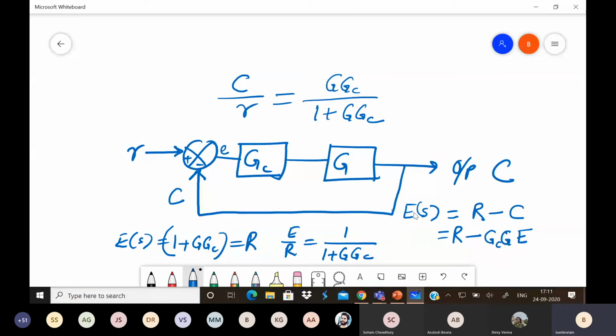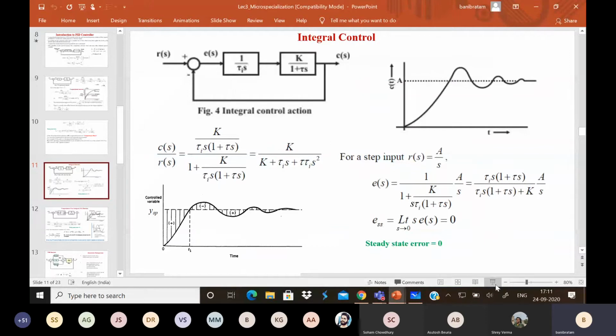Basically E equals simply R minus C, where C is nothing but E into Gc into G. So taking E(s) common, 1 plus G Gc equals R. So E by R equals 1 by 1 plus G Gc, right? So that is the expression, and that we are directly using here.